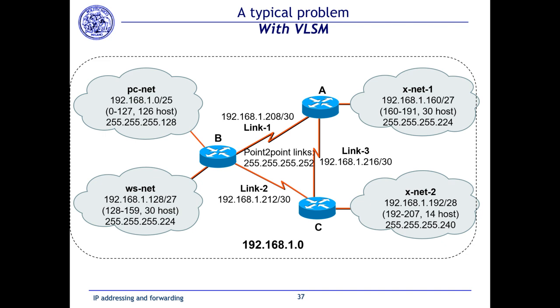This is the overall network. Even if the address per se, if you look at it without the net mask, is the same. And this is why in this scenario, net mask must always be associated with network addresses.